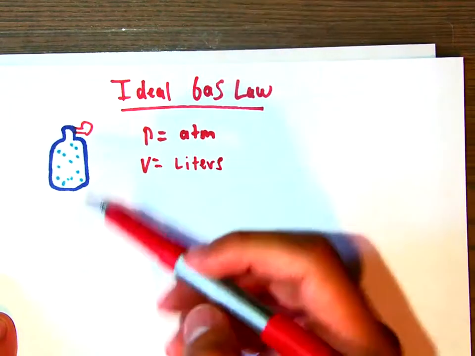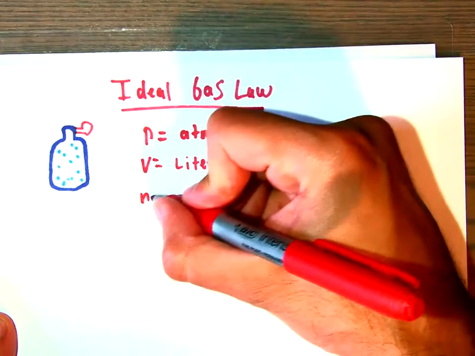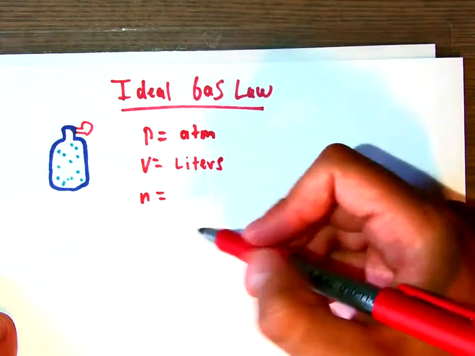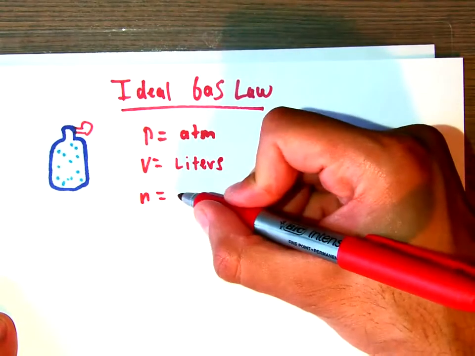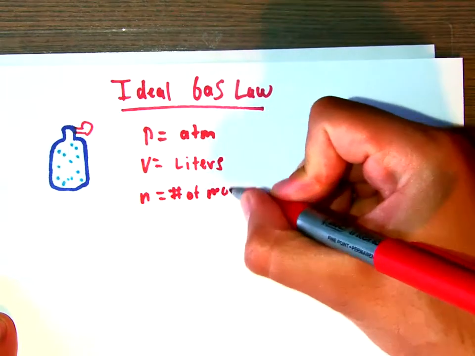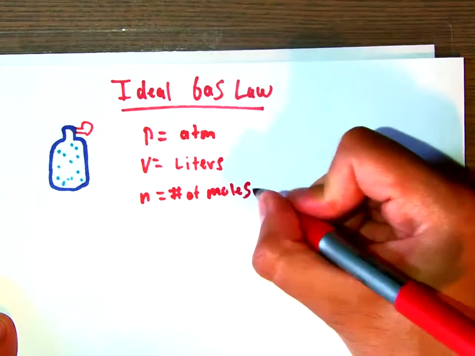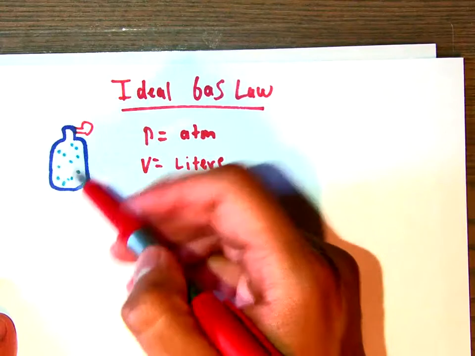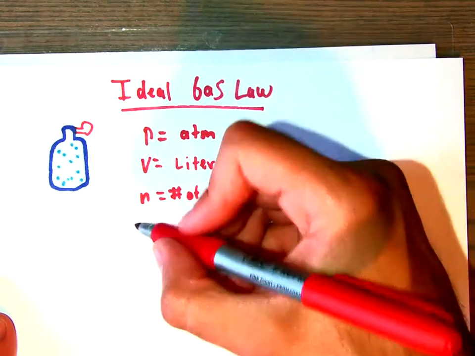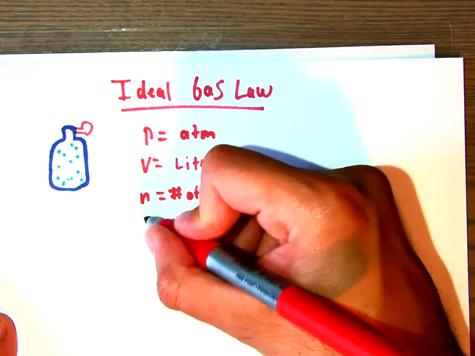I can know how many moles are in there. N represents the number of moles of that gas. And I can take the temperature of this gas, so I can know the temperature.